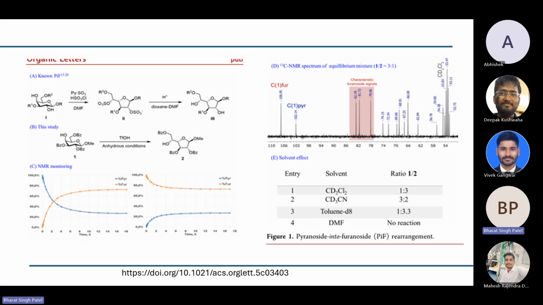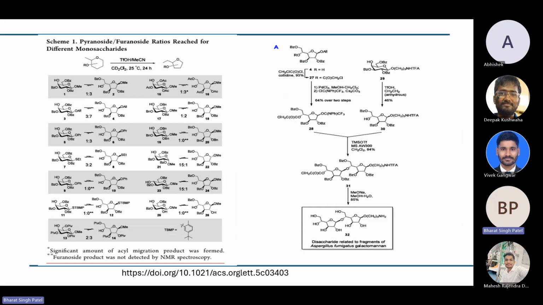But the problem was that toluene is a less polar solvent, so it was not able to solubilize completely. And in the case of the more polar solvent acetonitrile, they were not getting the selective furanoside. So they took deuterated dichloromethane as the solvent to proceed further.